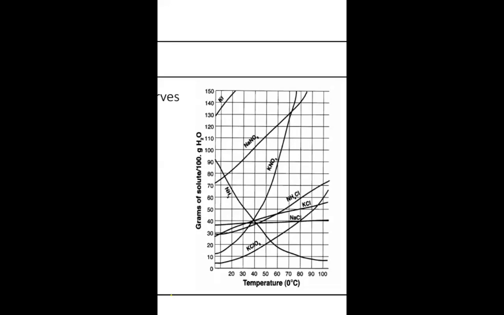Then you have sodium nitrate, that is NaNO3. You have NH3 ammonia. You have potassium nitrate, KNO3, and so on and so forth. All these show us the description of the solubility curve of each of the salts.